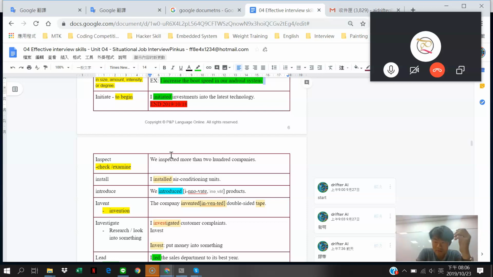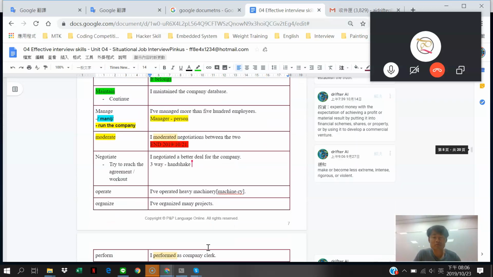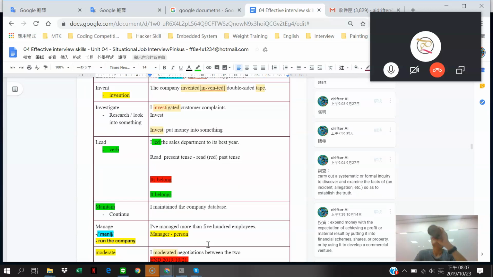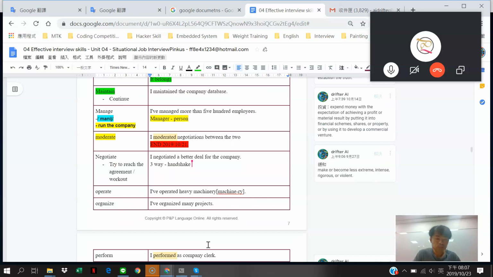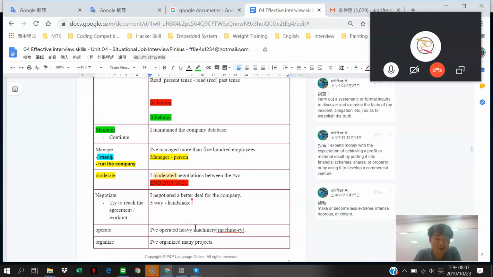So this is the last word for page number 7, right? Before we move to the next page, I want you to read the last word in that page, please, and its sample sentence. Our last word is negotiate.